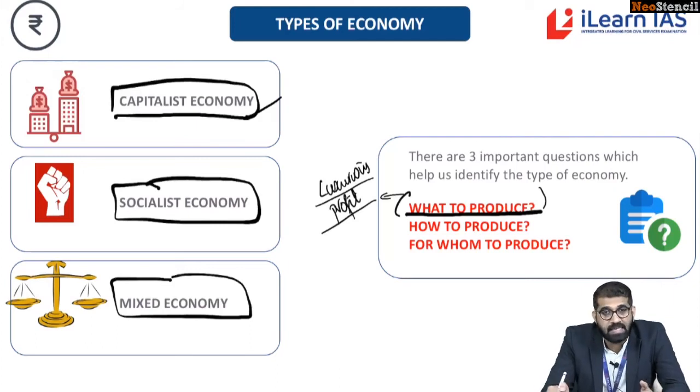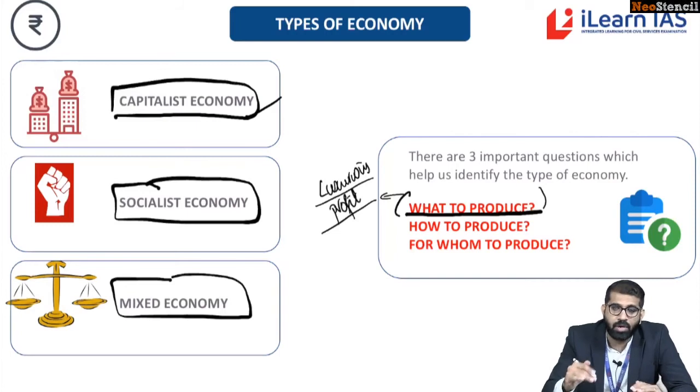Now, why are they targeting them? It is because the richer section will only be able to afford the products. Only the richer sections will be able to give them the profit that they require. As a result, they will be targeting them in order to earn more profit.